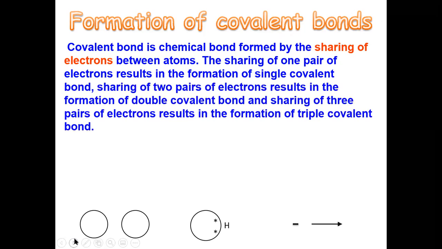And the sharing of two pairs of electrons gives a double covalent bond. Sharing of 3 pairs of electrons results in the formation of a triple covalent bond. We can represent these bonds via lines: a single line represents a single covalent bond, double lines represent a double covalent bond, and a triple line represents a triple covalent bond.